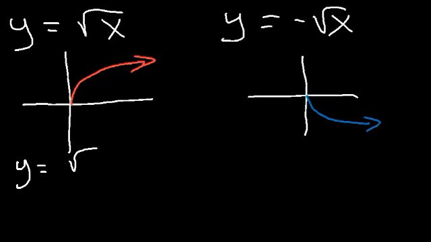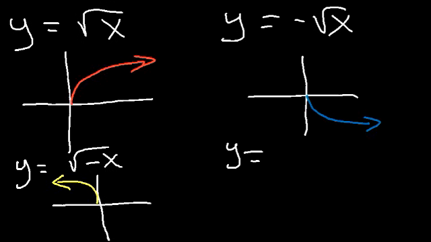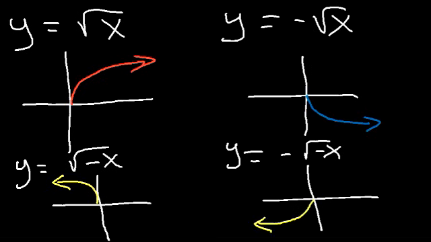And square root negative x, it reflects over the y-axis, so it looks like this. And finally, negative square root negative x, it looks like that.